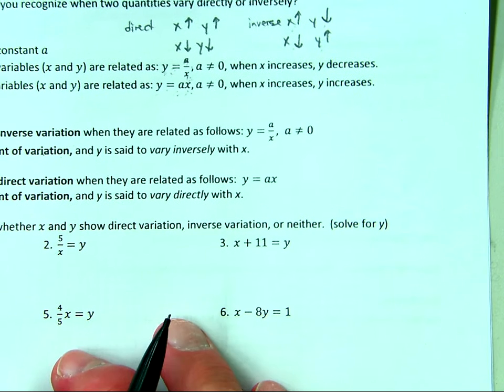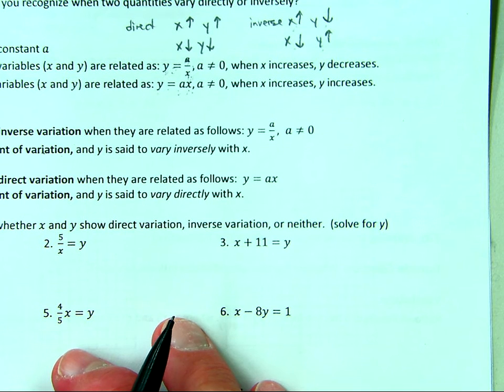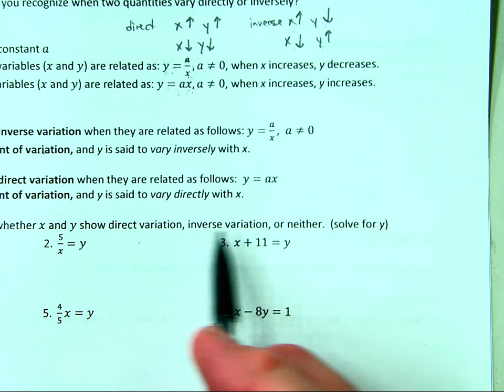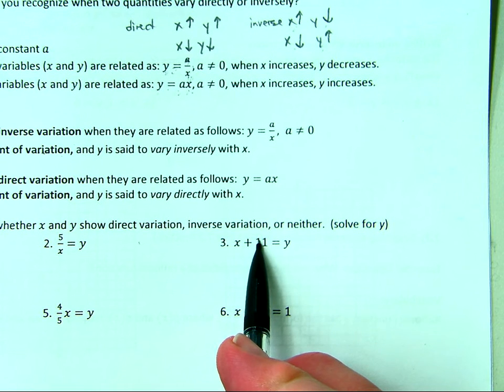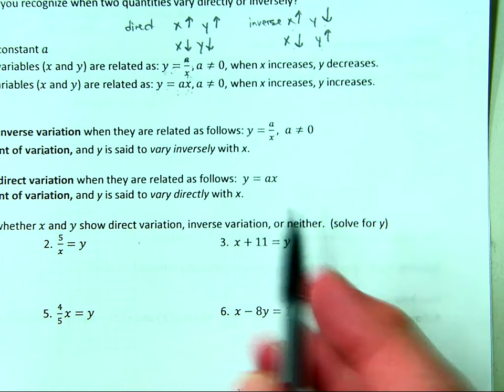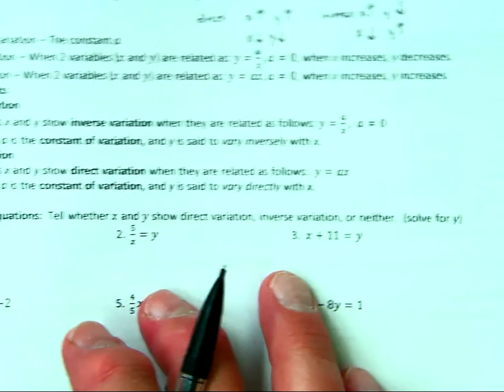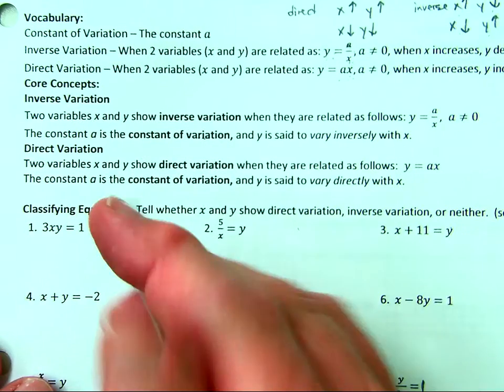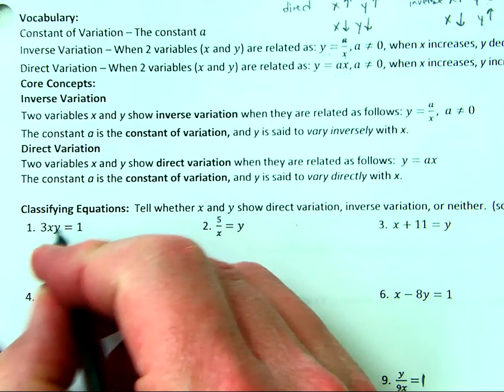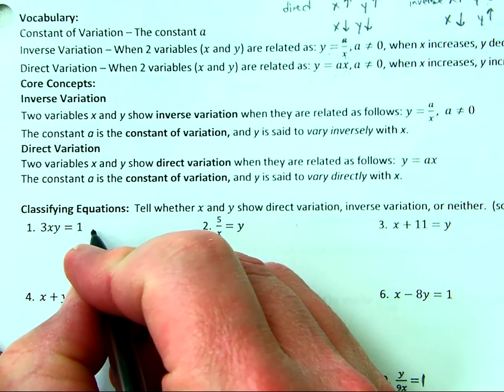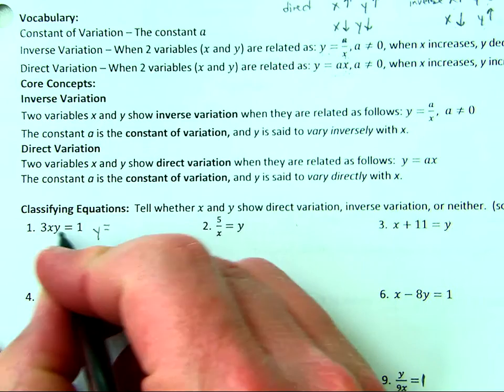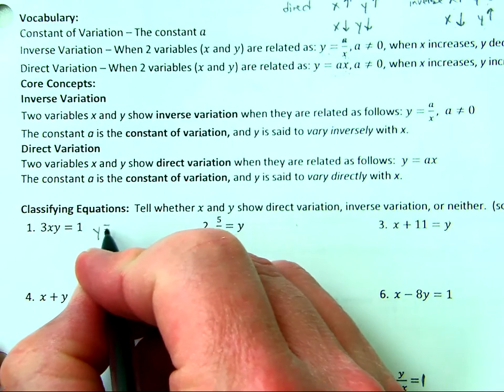The first questions we have here are deciding whether these are direct variation, inverse variation, or neither. The best thing to do is solve for Y and see if it matches one of those. Like this first one, if I solve that for Y, first we're going to move the 3x, but I'm going to move them one at a time. I'm going to move the 3 first, so I'm going to divide by 3.